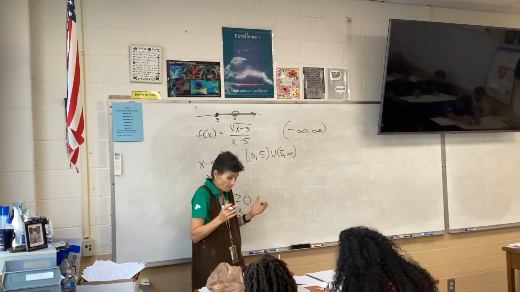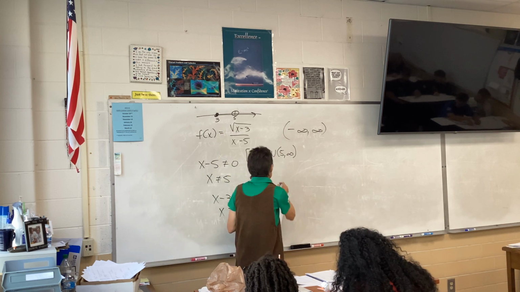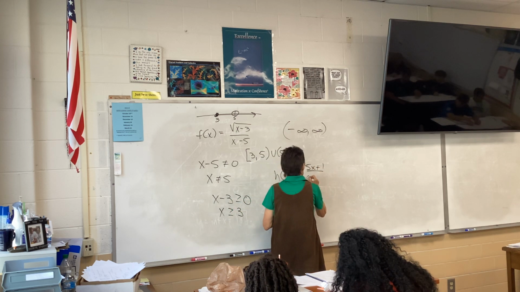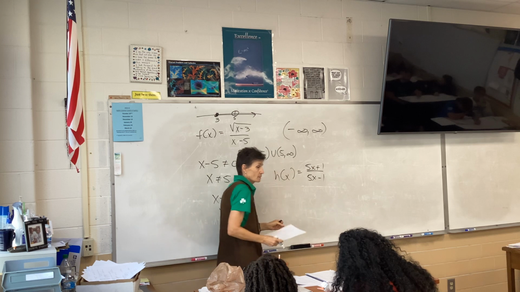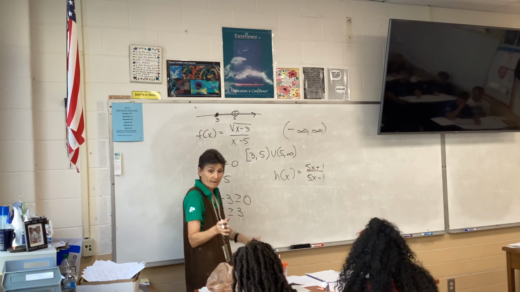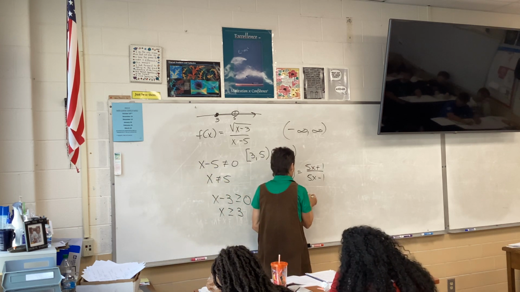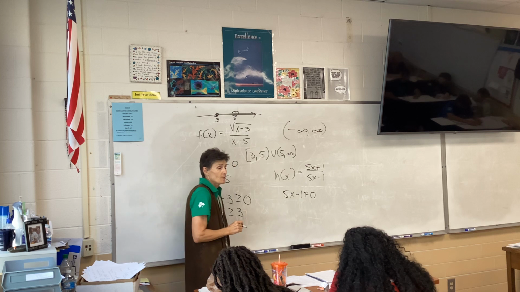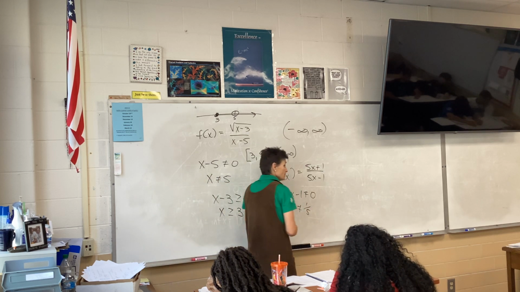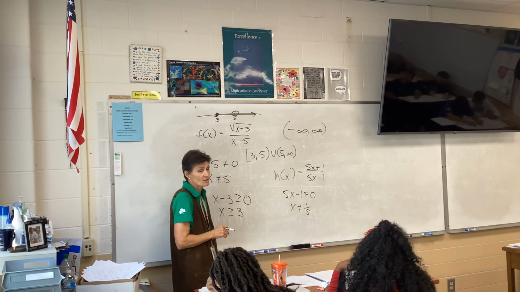Perfect. All right, what about problem C, function H. I have a denominator, and I know if I have a denominator, it cannot be 0. So in this case, x cannot be 1/5. Do I have anything else to worry about in this problem?